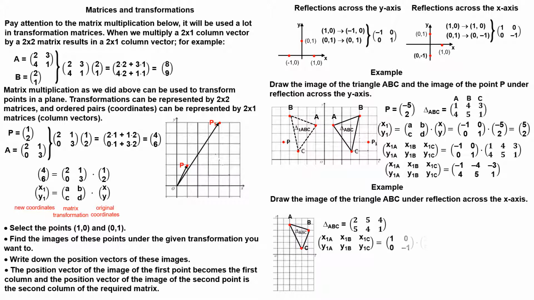The result is a matrix of coordinates of the resulting shape after the transformation is applied. The image points are then drawn on the diagram and we get the image of triangle ABC. From the diagram, it can be seen that the triangle has been reflected in the x-axis.